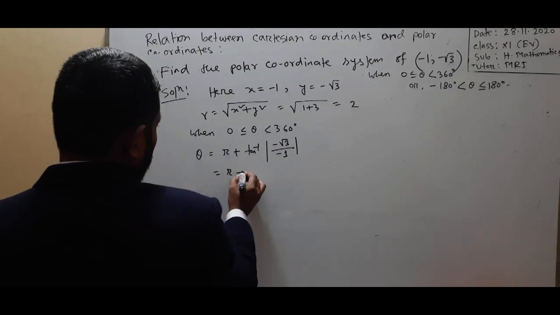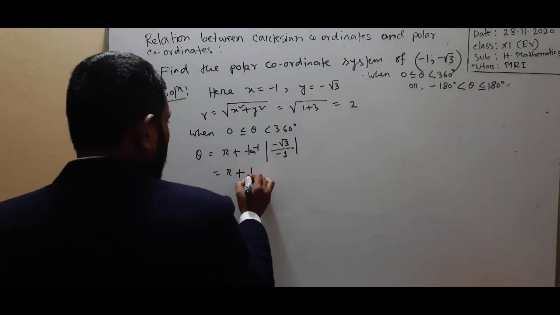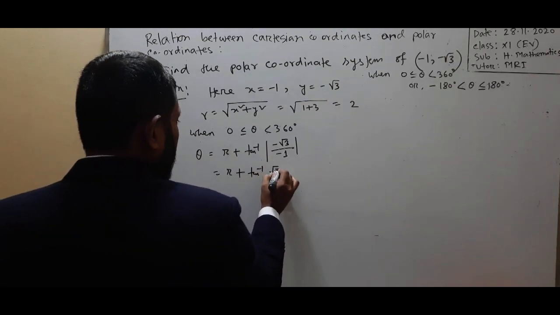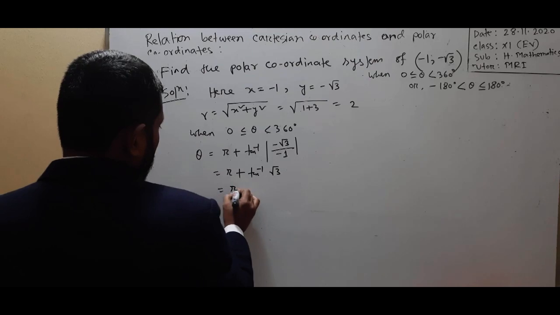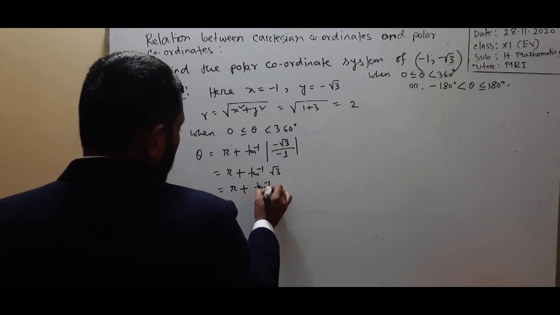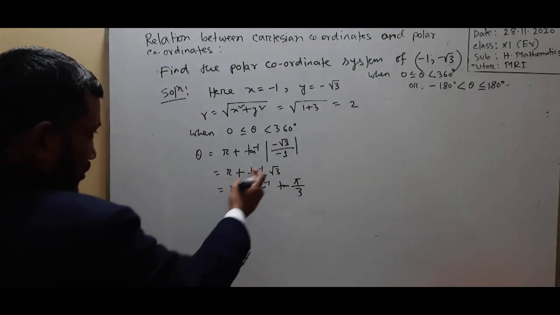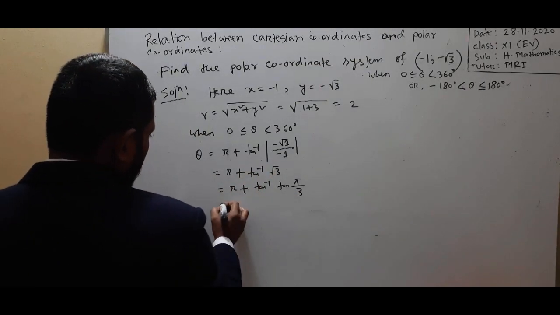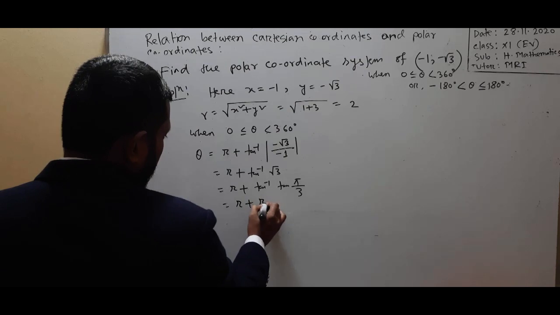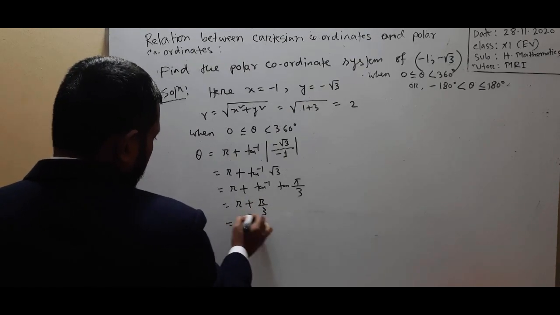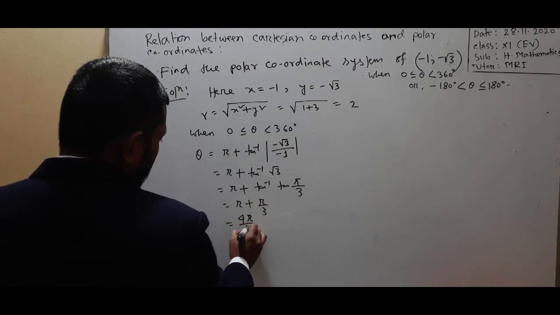This will be pi plus tan inverse square root 3. We know tan 60 degree is equal to square root 3. Tan and tan inverse will cancel, so pi plus pi by 3, then we get 4 pi by 3.